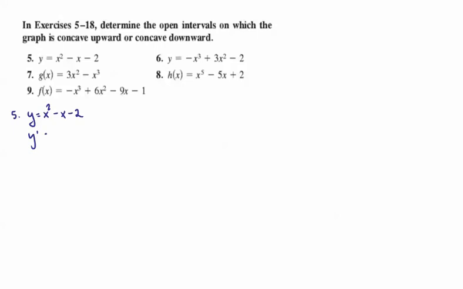First we need the first derivative, which is 2x minus 1. We're not going to stop there and find where the first derivative is 0. We're not really working or concerned with the first derivative at this point.